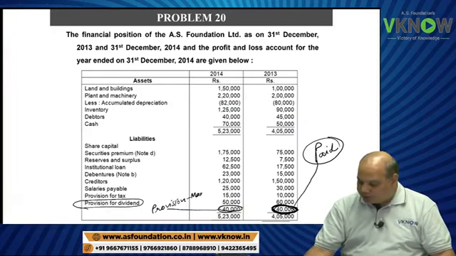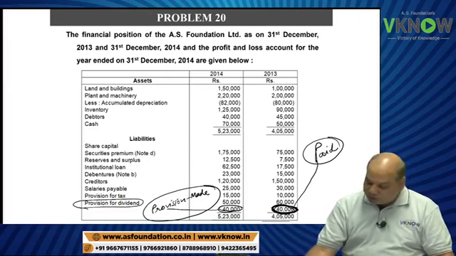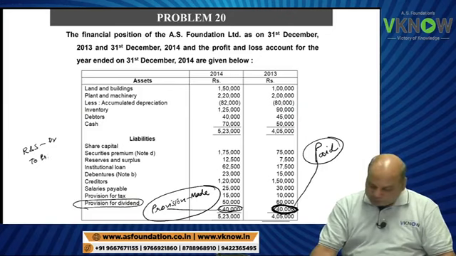has been made. The entry for current year provision must be reserve and surplus account debit to provision for dividend.